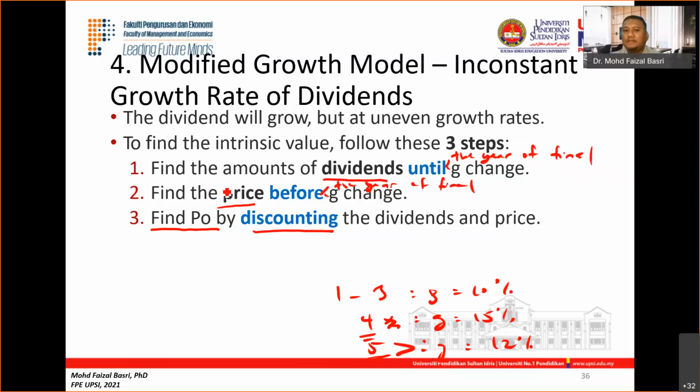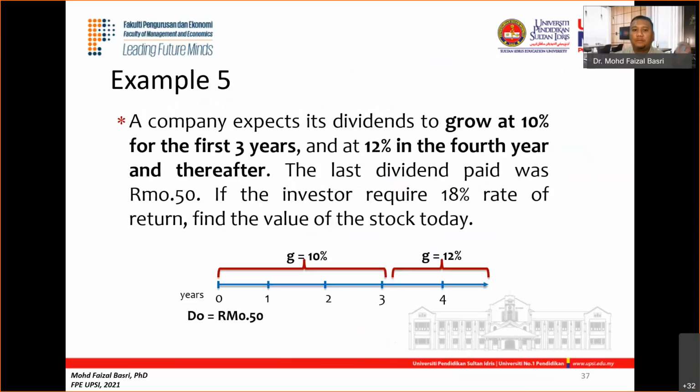So find the price one year before the year of final G change. That's our second step. And lastly, once you have the dividends and also the price, we're going to discount them using the same formula. Okay, so let's do it one by one like this.